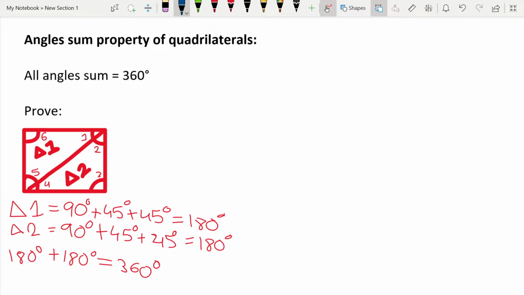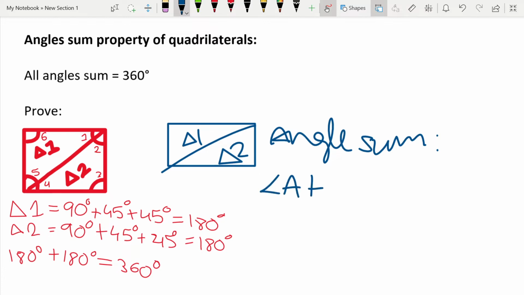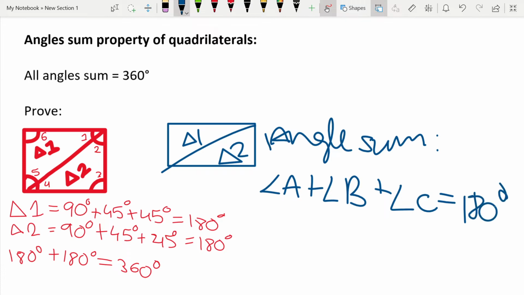Okay, so we have drawn a line in the middle of the rectangle at the diagonal, so we get triangle 1 and we get triangle 2. Alright, so how can we prove something from that? In these two triangles, we know the angle sum property of triangles is that angle A plus angle B plus angle C is equal to 180 degrees. Right? That is the same for both of these triangles.